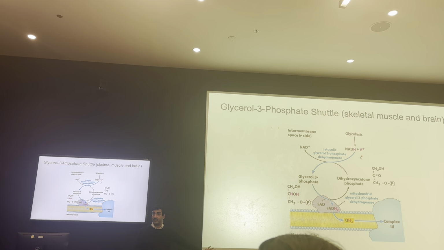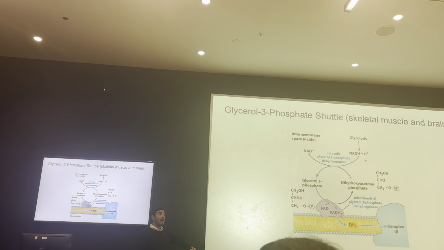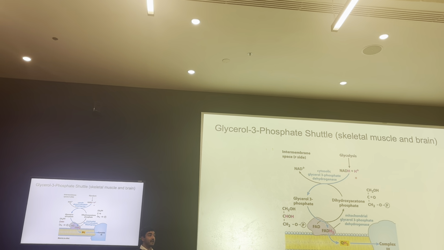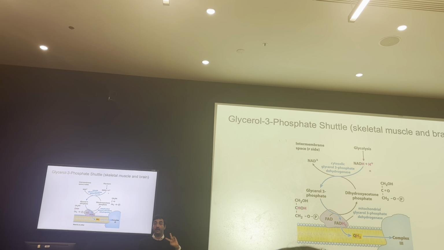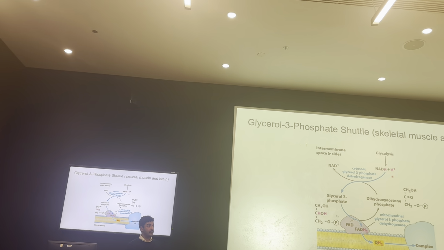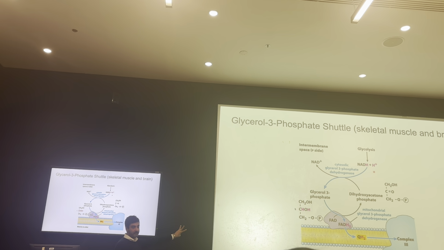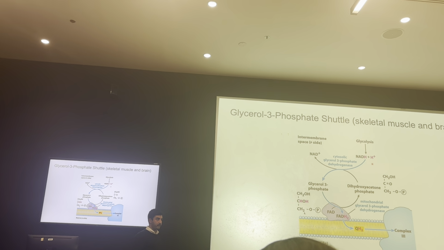Glycerol 3-phosphate is not GAP. GAP, glyceraldehyde 3-phosphate, or G3P, are 2 different abbreviations for glyceraldehyde 3-phosphate, meaning the same exact structure, except it's an aldehyde. Here, this is glycerol 3-phosphate. Remember, 3 carbons, hydroxides, and also the phosphate group on the side.